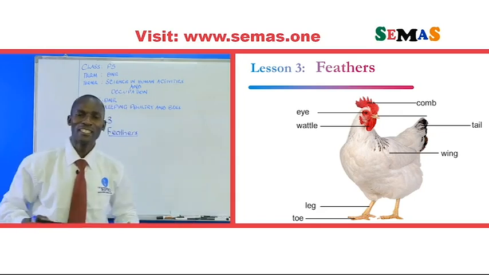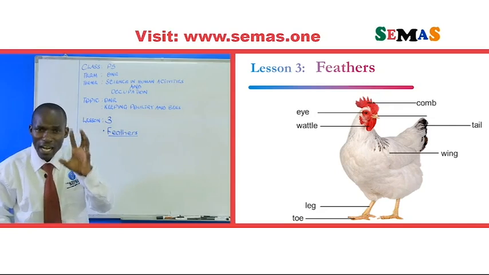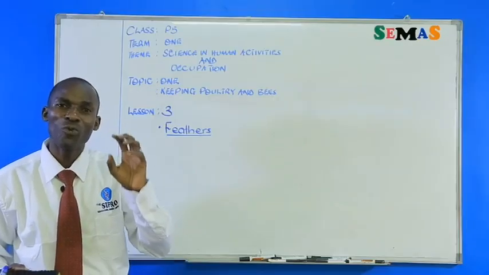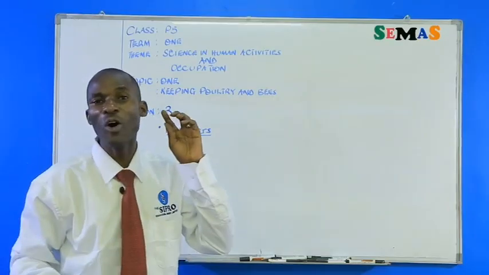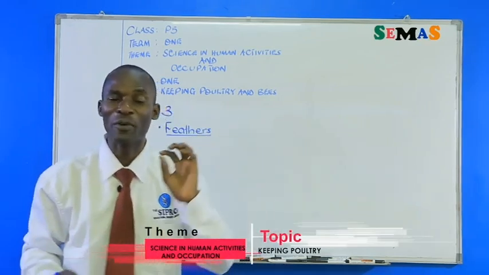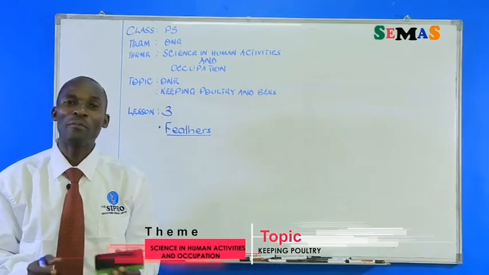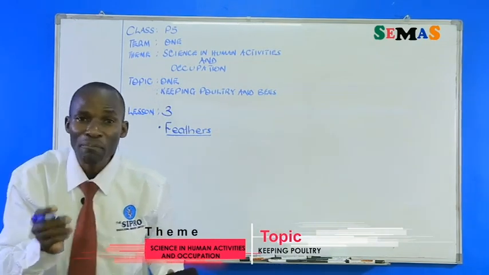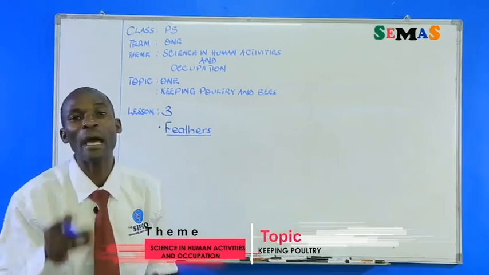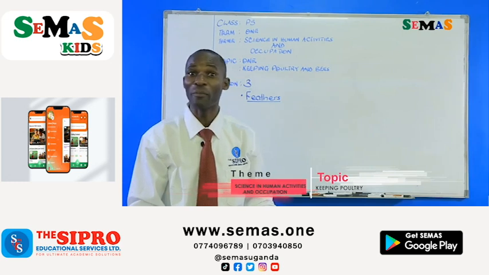Wings, great. We also said that a chicken, especially an adult, has got what we call the earlobes. For what? For picking sound from the environment. Then, remember, we talked about the beak. The beak for what purpose? For either pecking or picking food from the environment.